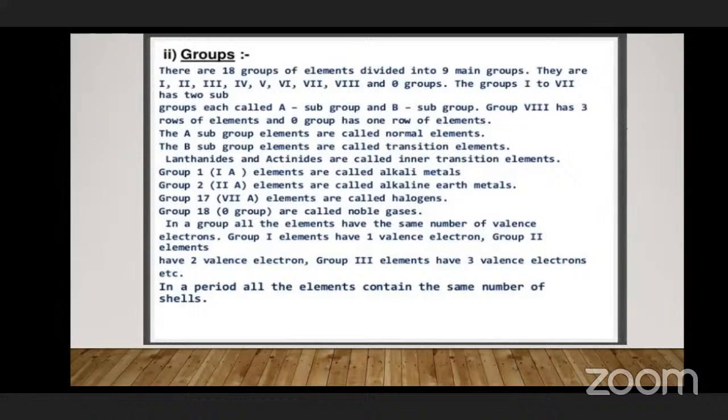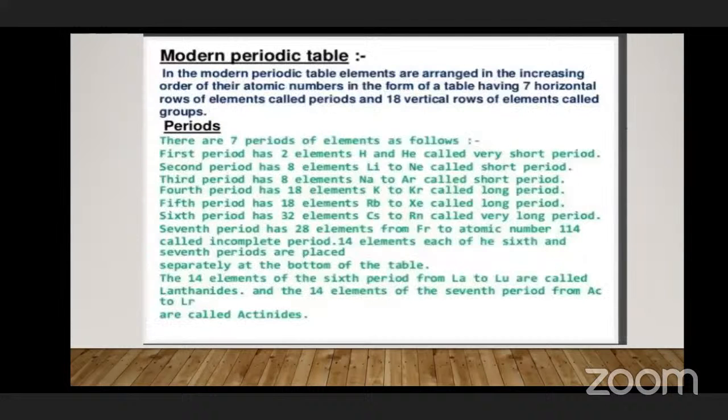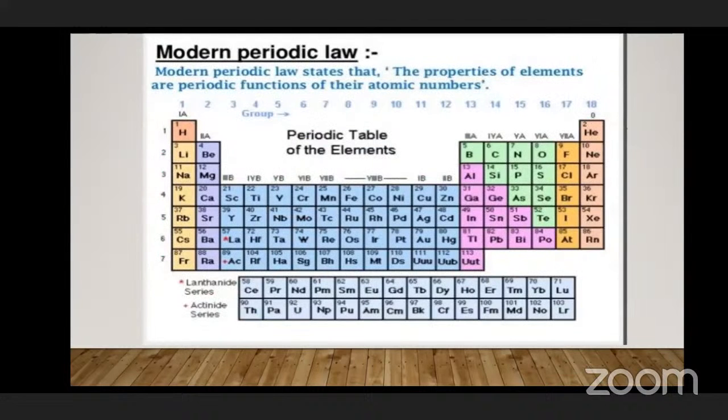Now, lanthanides and actinides are called inner transition elements. Actually, these B subgroups are called transition elements. After 57 only, 58 is there or not? After 89, actinium, only thorium is present or not? These are the elements which are kept at the bottom of the periodic table.